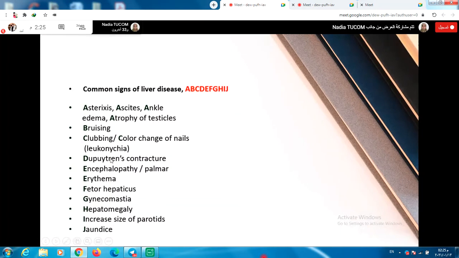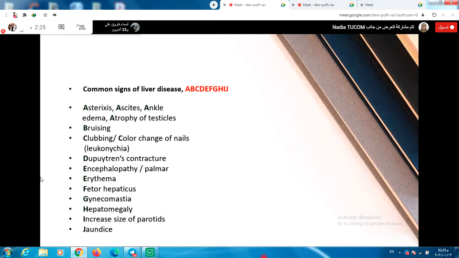Dupuytren's contracture is an abnormality of the tendons or muscles here. E is for encephalopathy, and palmar erythema. Fetor hepaticus is a bad odor of the mouth due to increased sulfide salts, dimethyl sulfides, in the blood.